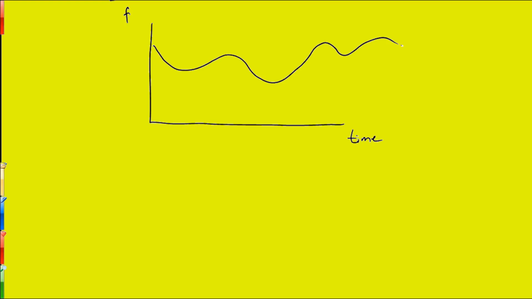We don't exactly care what it is, but when we wanted to define what a derivative was, we took 2 points on this curve at 2 closely spaced time intervals. We took this one at time t, and this one at time t plus delta t. So this is equal to f of t plus delta t, and this one is equal to f at t.